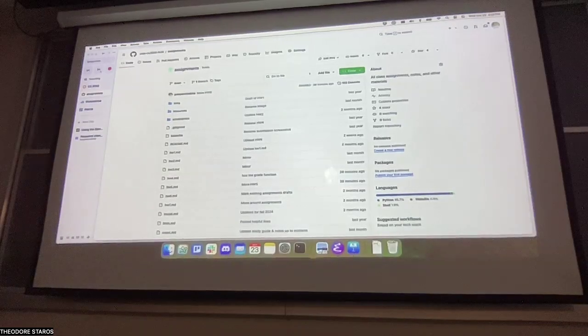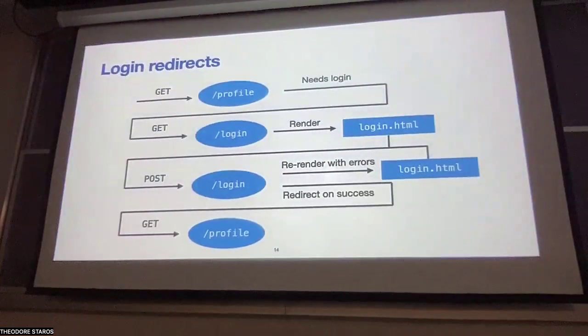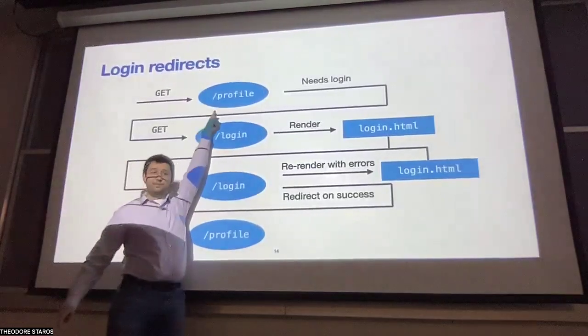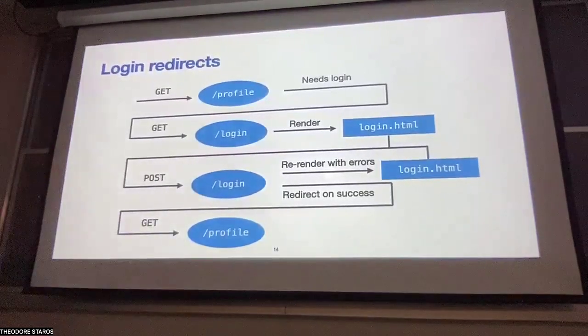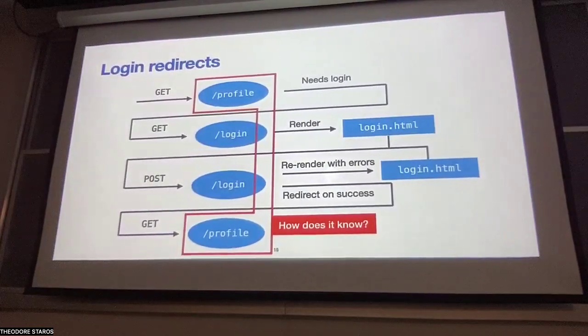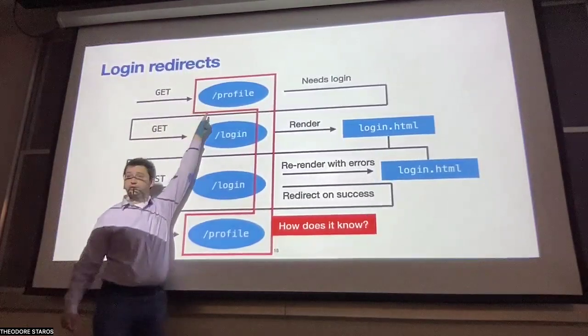This is a flow that you've seen a lot, and I want to talk about how to implement it, because this is a pretty useful part of usability, and it's something you're probably going to want to implement on almost any website. So here's the challenge. We want to redirect the user to the same page they were on before. But to do that, we need to pass information about what page they wanted across at least 3 requests.